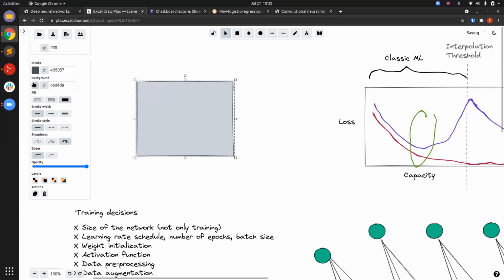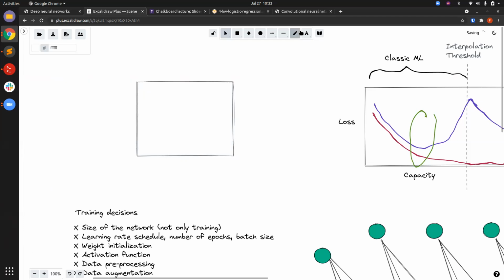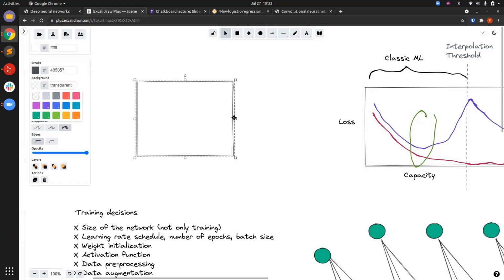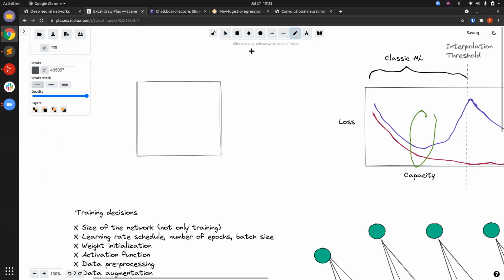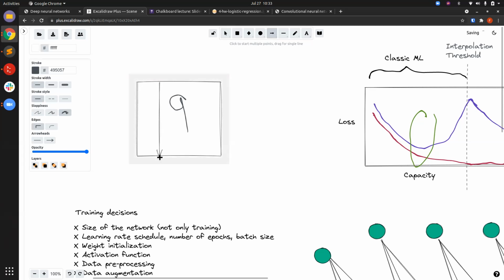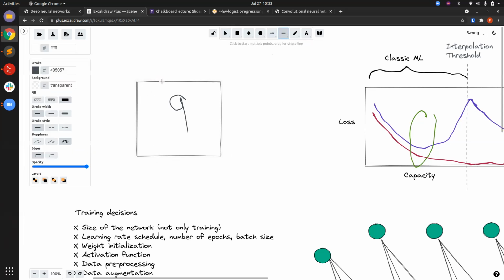Okay, so let's look at an example image. Okay, so here's an image. I'm going to draw a 9. Now, you remember during week 1, we talked about an approach to image classification, right?